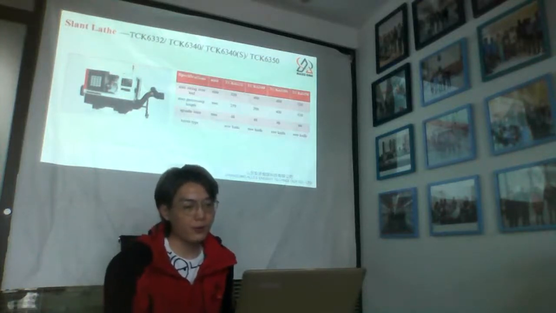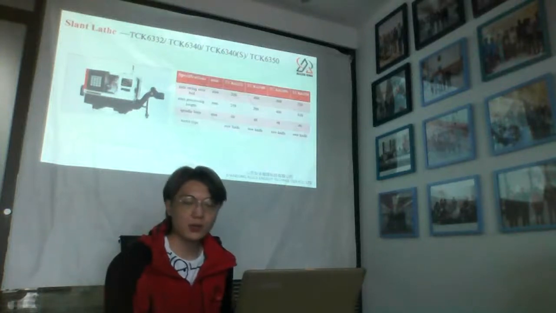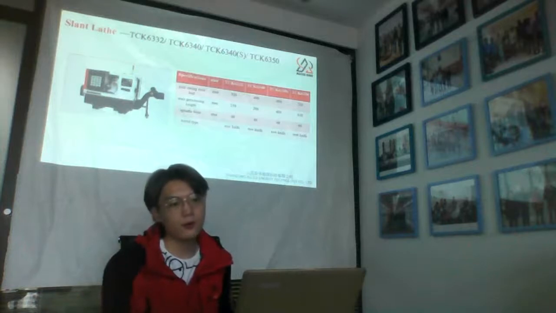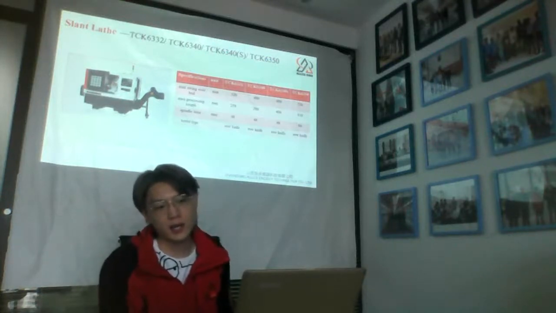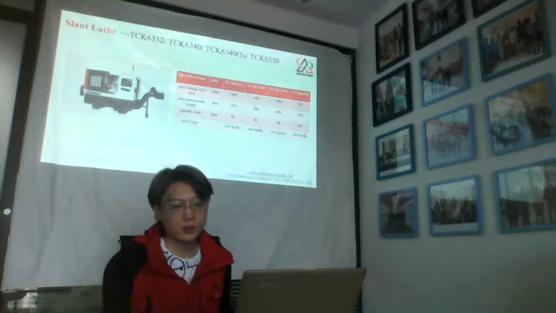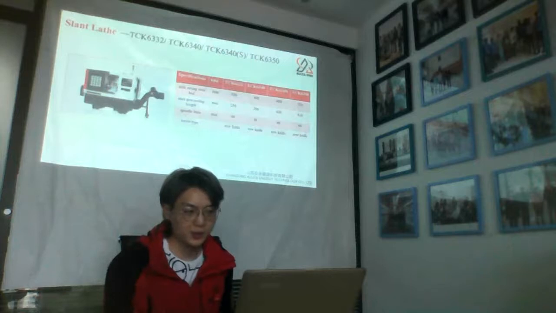And for the maximum processing length, the TCK 6332 is 250 millimeters. The TCK 6340 is 200 millimeters. And TCK 6340S is 400 millimeters. And for TCK 6350 it is 410 millimeters.